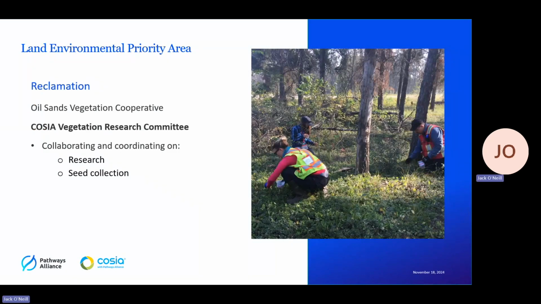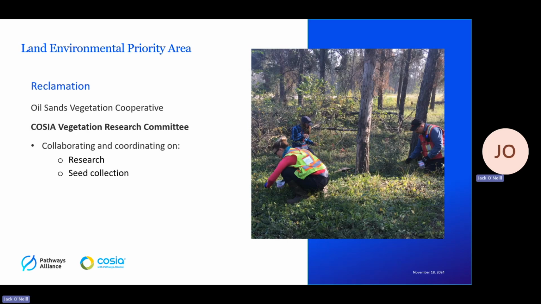Onto reclamation. Lots of reclamation activity going on through the Land EPA, including the Oil Sands Vegetation Cooperative, recently renamed the COSIA Vegetation Research Committee. So they collaborate on research and seed collection, collecting all the seeds required to create the stock that will be used in reclamation in the oil sands.